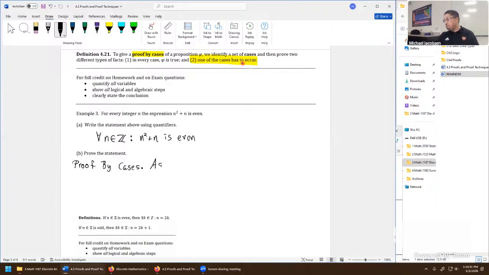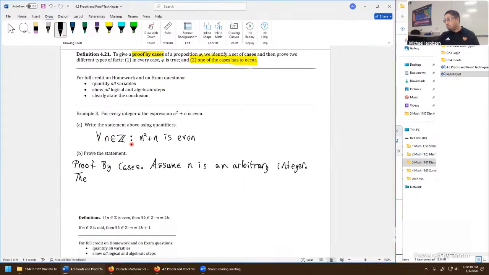Let's say assume n is an arbitrary integer. Or we could just say assume n is any integer, verbatim of what we said there.